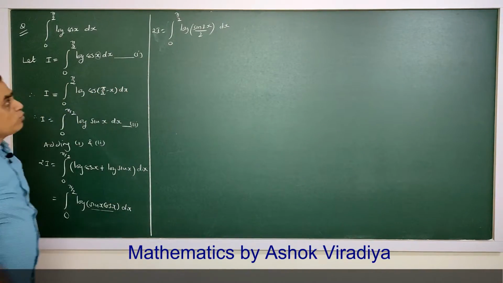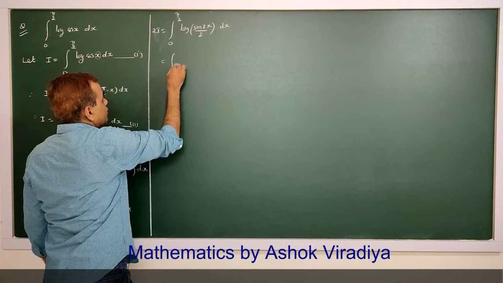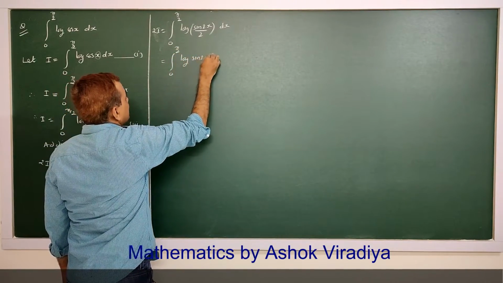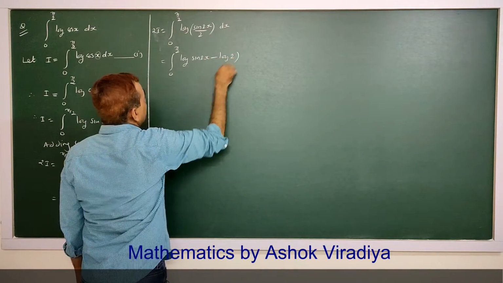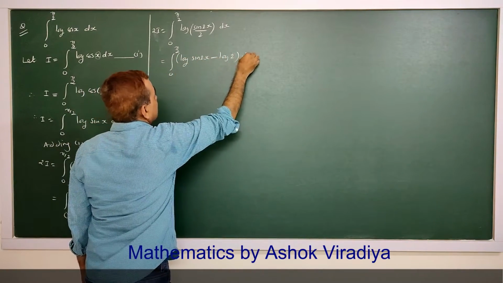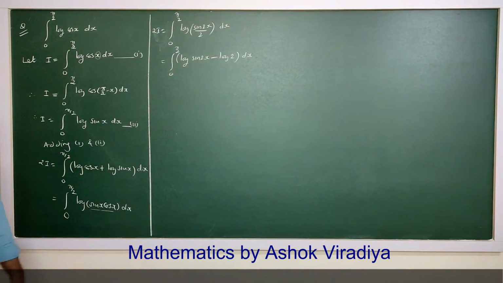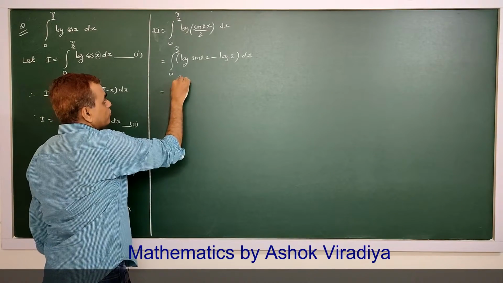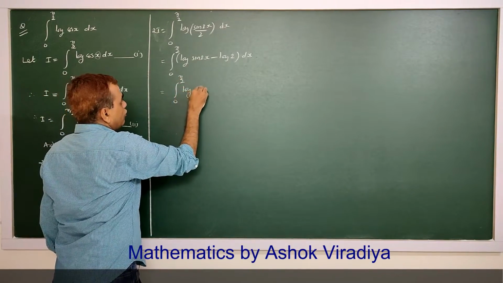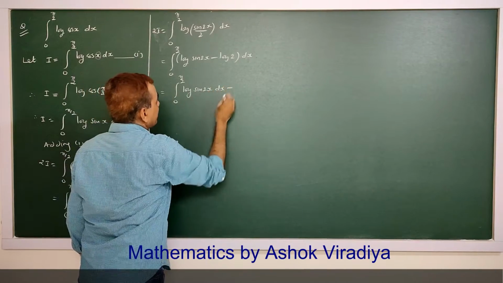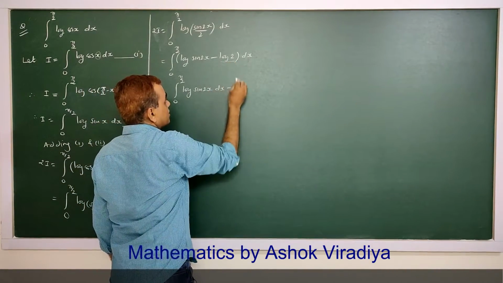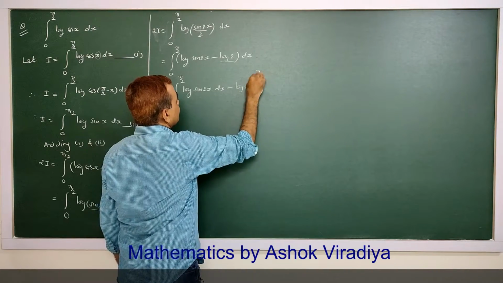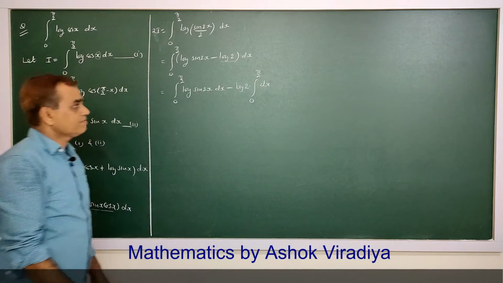Now applying the working rule of log, 0 to pi by 2 log of sin 2x minus log of 2 dx. Now separating this part, 0 to pi by 2 log of sin 2x dx minus, this is constant, so log 2 take outside, 0 to pi by 2 of 1 dx.